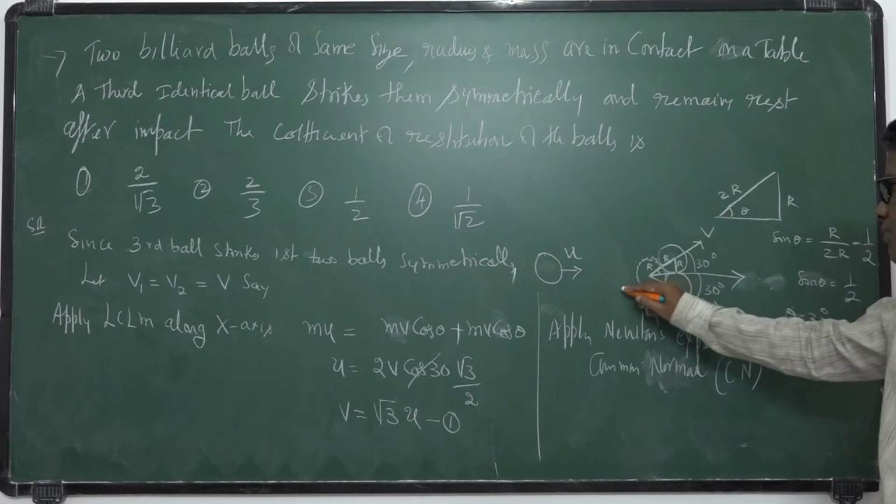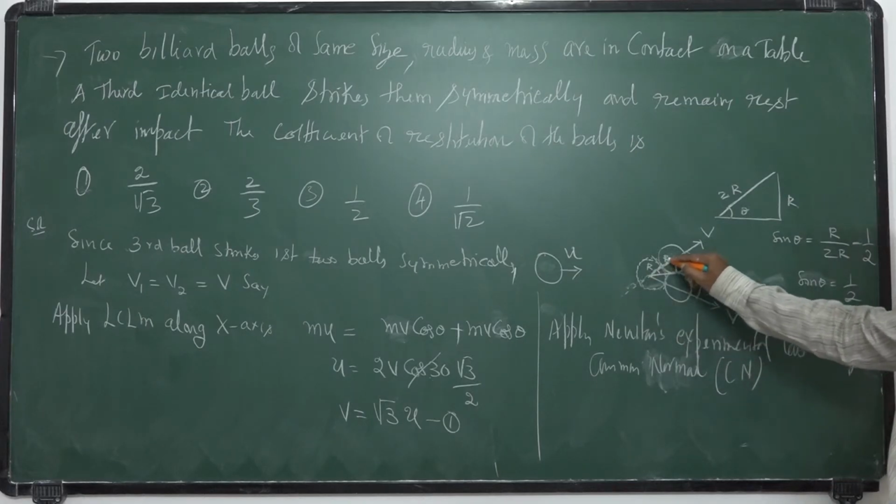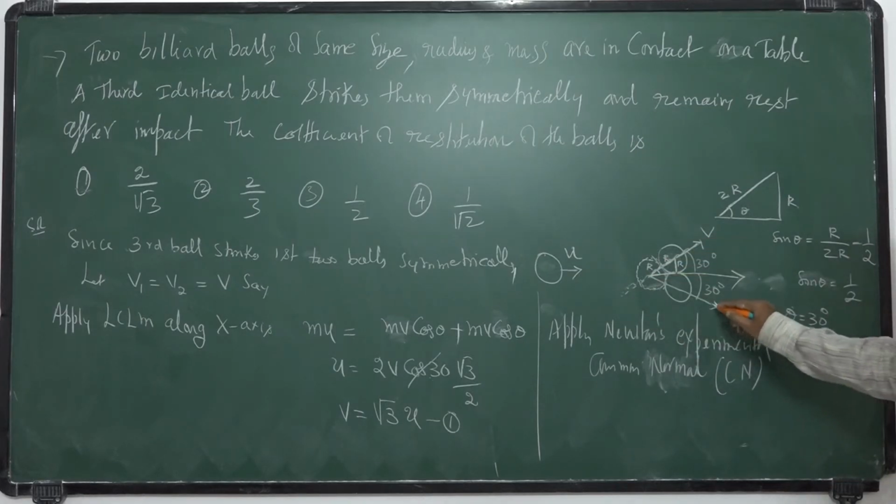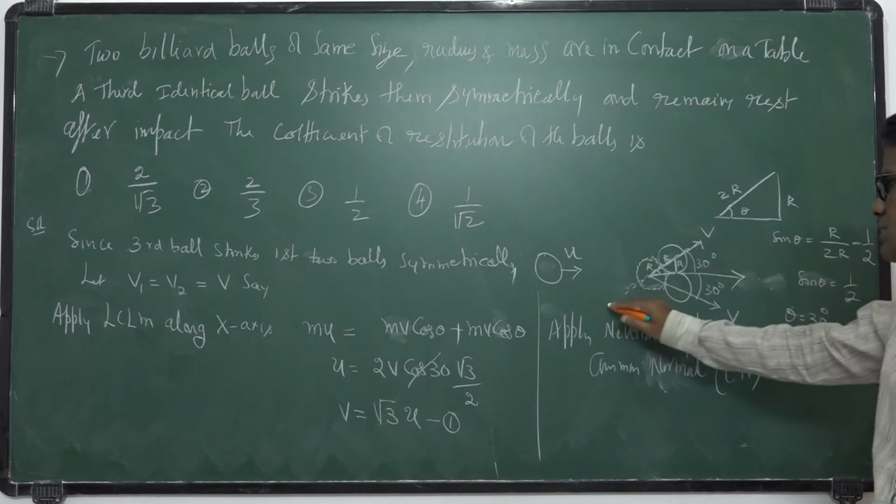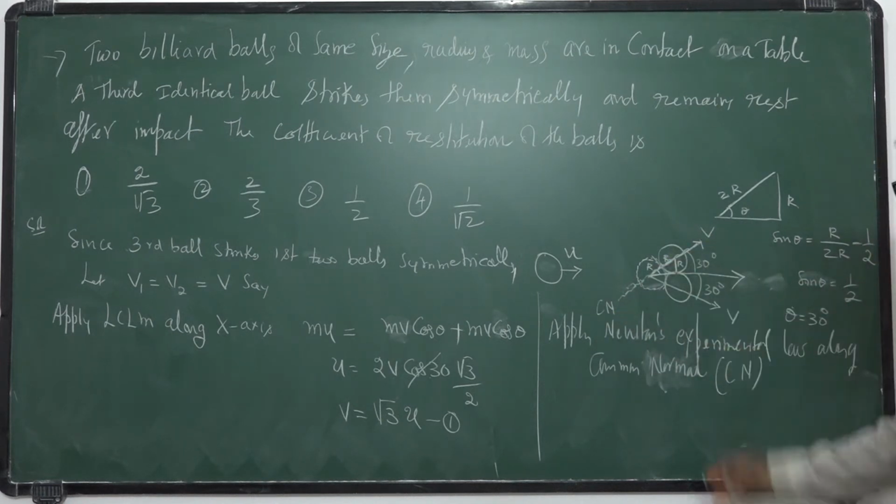So this is the line of impact, isn't it? In this direction, this is the Cn. So in this direction, you apply Newton's experimental law.